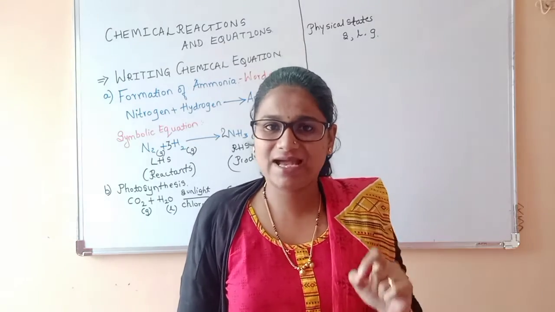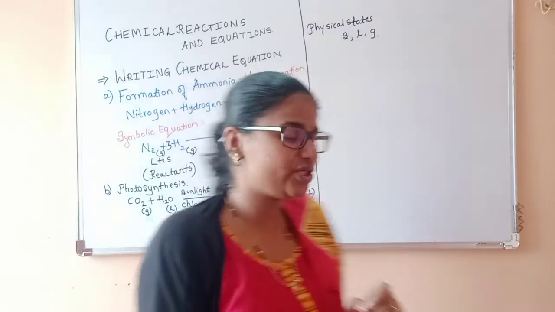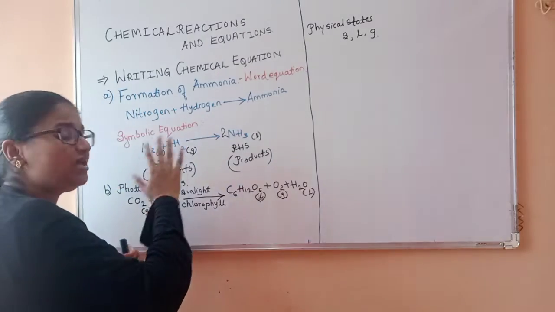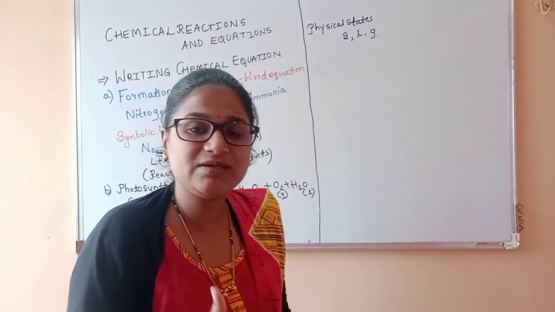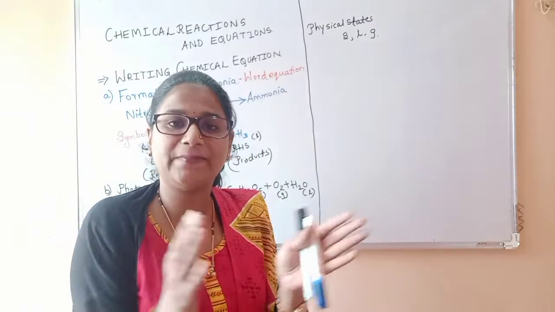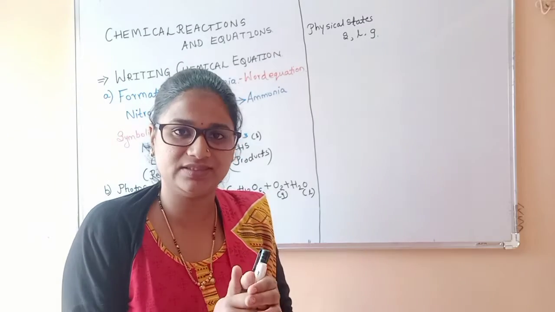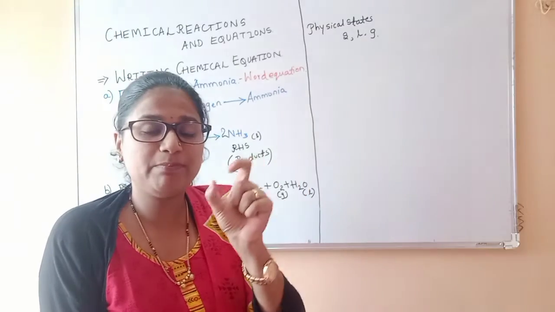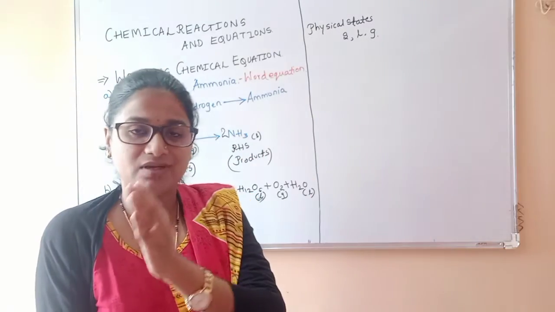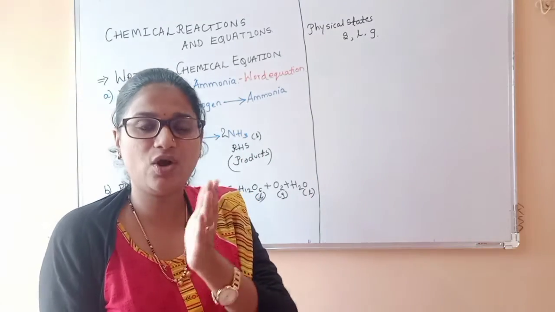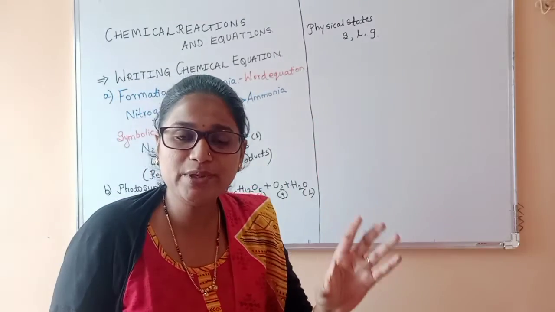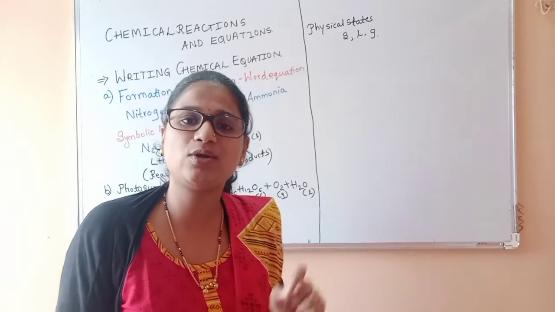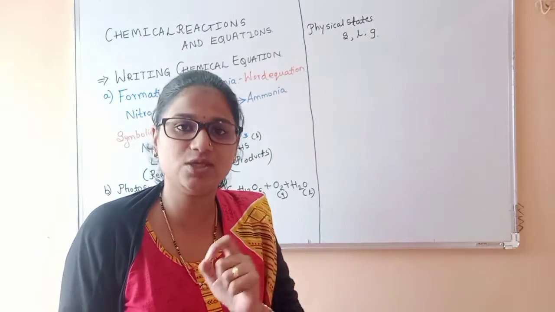Like that, in the chemical equation also, the atoms of the elements which react together will give certain products. So the number of atoms of an element on the left hand side and on the right hand side should be equal.